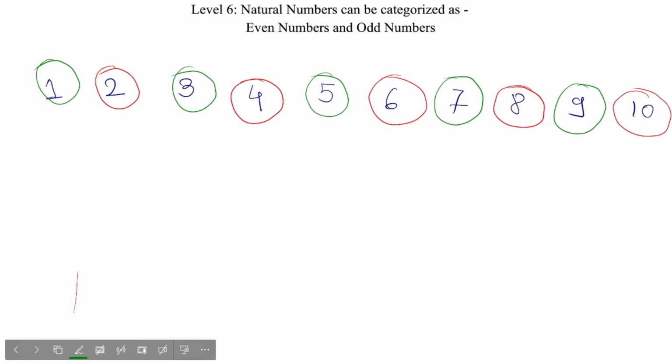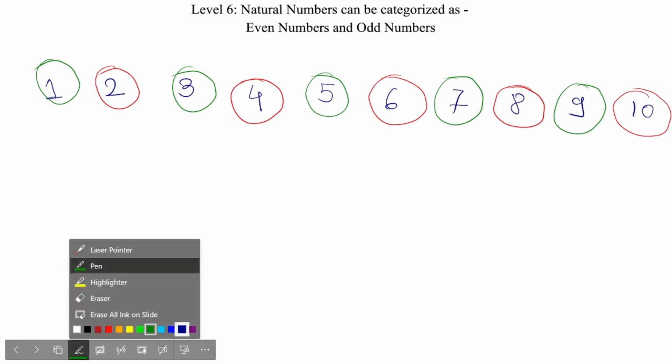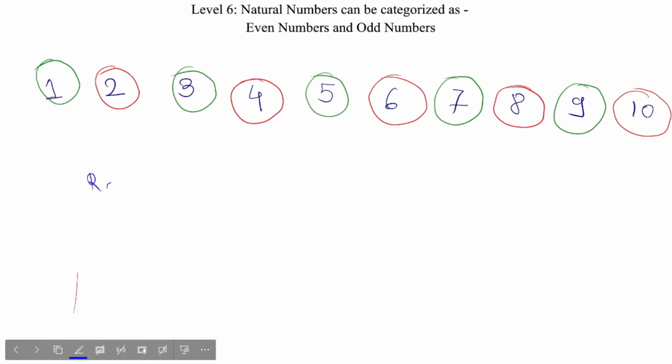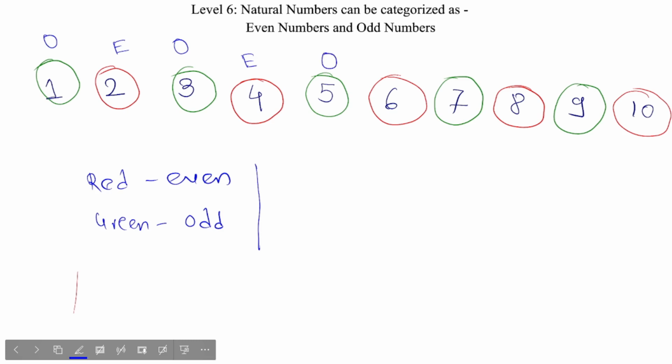So what if I say to you that a red number indicates an even number and a green number indicates an odd number. You can find, friends, that in the continuous natural numbers, every alternate number is even, odd. If this is odd, then an even number is present next.